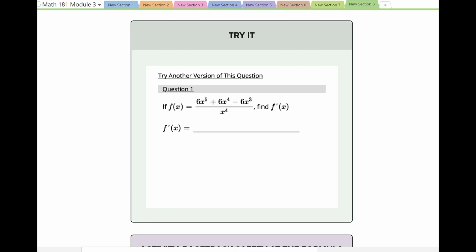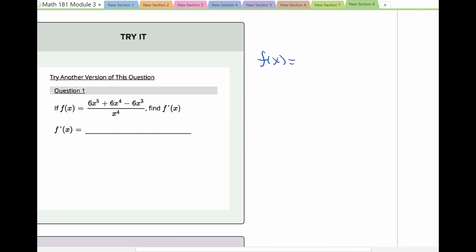There's actually two ways of doing this problem. You could divide everything by x to the 4th and then say that f of x equals 6x plus 6 minus 6x to the negative 1.